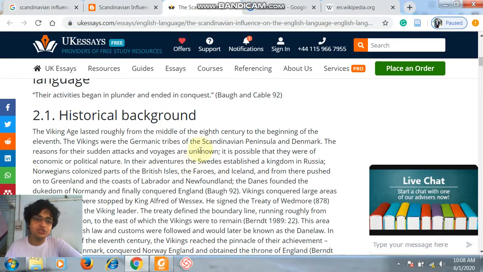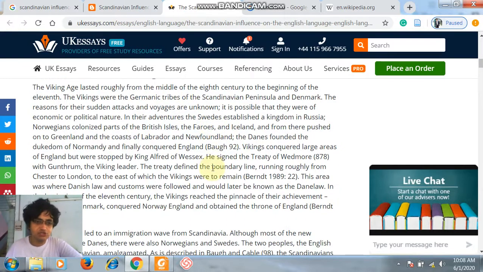The Viking Age lasted roughly from the middle of the 8th century to the beginning of the 11th century. Who were the Vikings? Vikings were basically the Germanic tribes of the Scandinavian Peninsula and Denmark. The reasons for their sudden attacks and voyages are unknown.